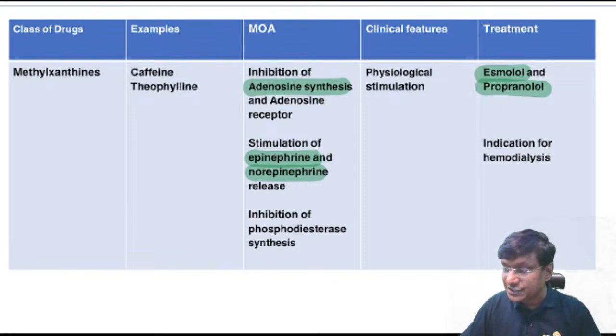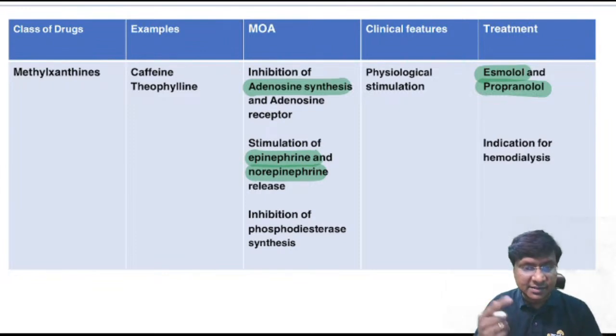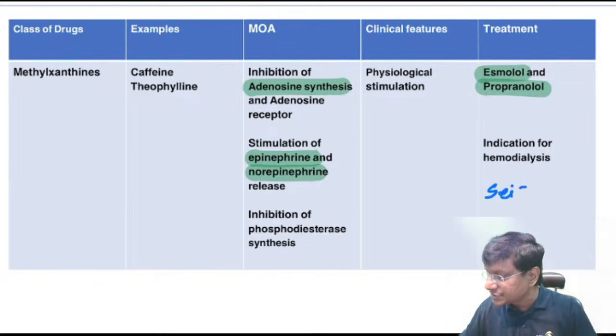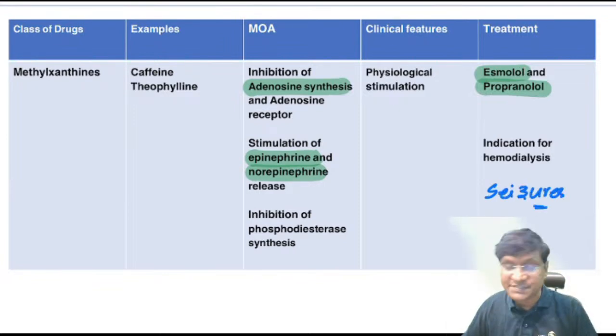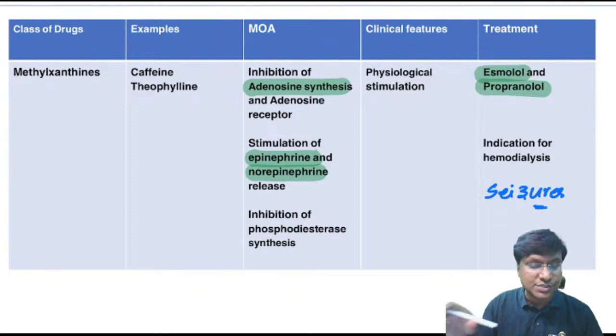Now, what is the indication of hemodialysis in case of methylxanthine overdose? When the theophylline level is more than 80 to 100 micrograms per ml, that is the point when the individual can develop seizures. Whenever the individual develops seizures due to methylxanthine overdose, we do the hemodialysis.